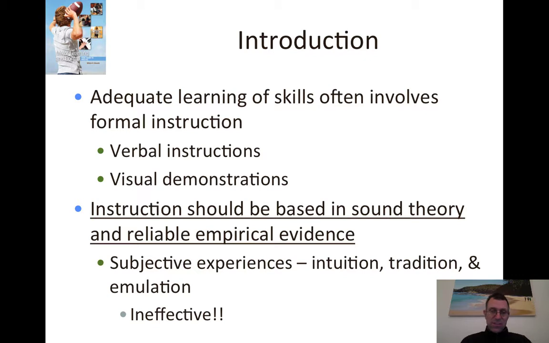So subjective experiences, intuition, which is a pretty common strategy. Oh, I just think it's right, so this is how you should do it kind of thing. Tradition, emulation, those tend to be, at least research tells us, quite ineffective compared to someone who is providing instruction based on the science, right? Some of the real stuff.